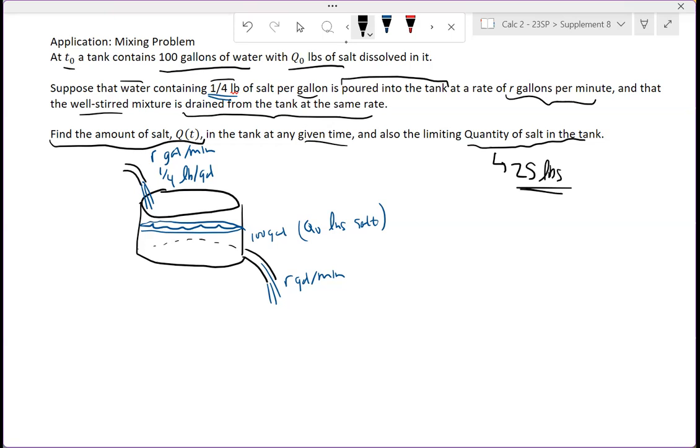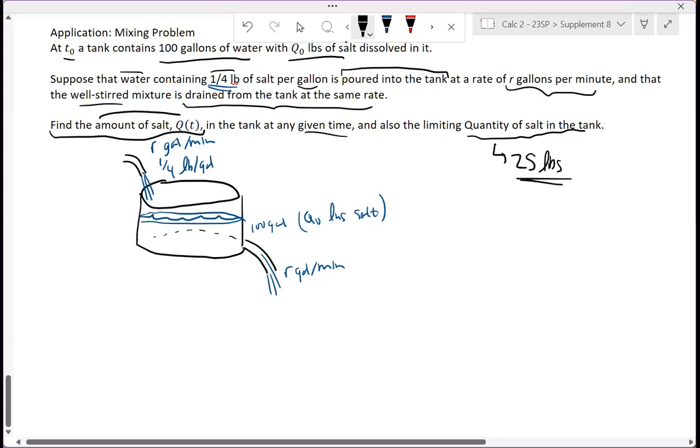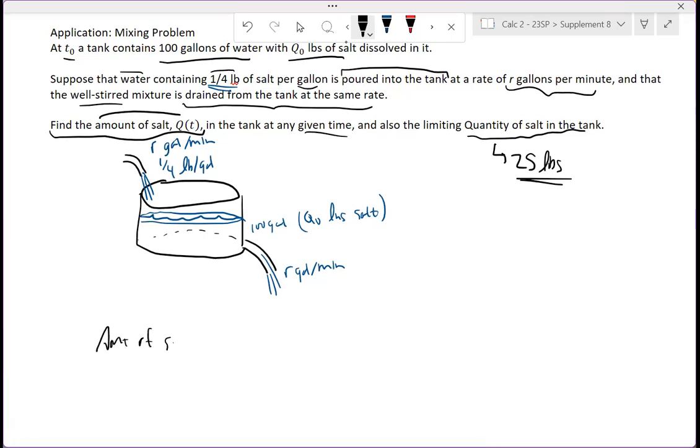So that's just my educated guess, just thinking about the problem. Can we develop a differential equation model, solve it, and come up with the same conclusion, and also get the amount of salt in the tank at any given time? So let's work on that. The amount of salt in the tank at any given time can be difficult to figure out right away.